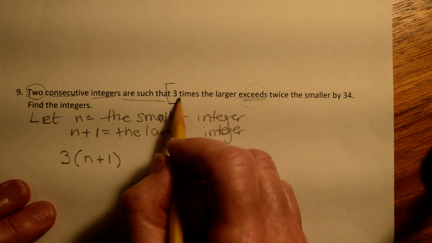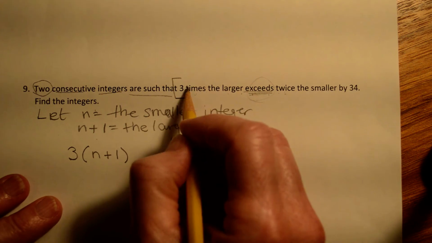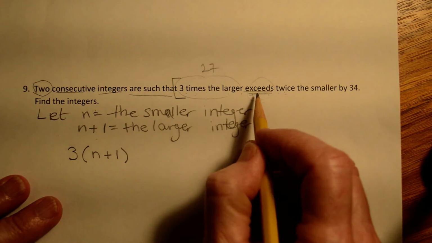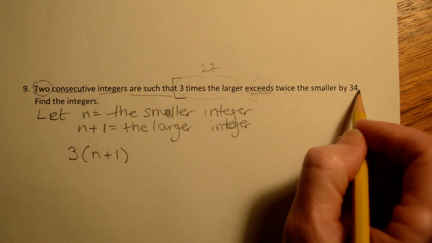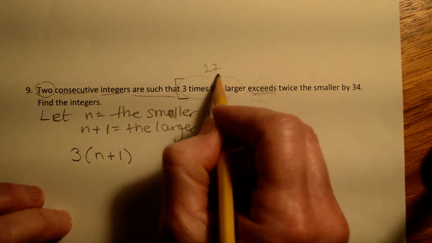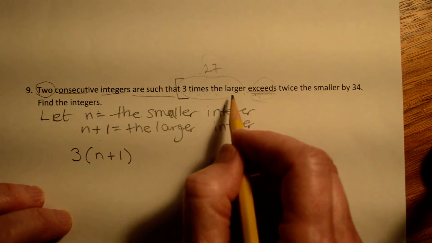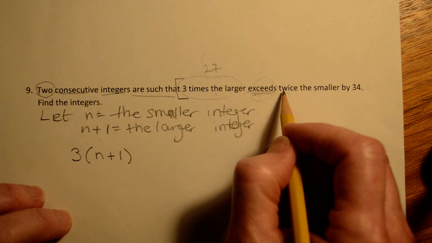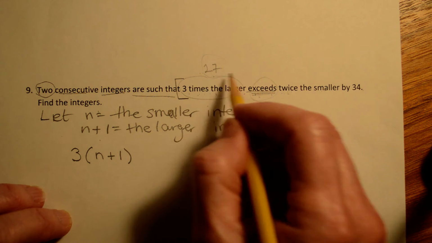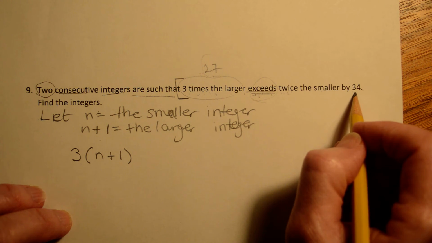All right, so let's just put some numbers in here. Let's say that 3 times the larger was 27 total. Exceeds twice the smaller by 34. So 27 is the bigger of the two. Again, I just randomly picked that. That means that twice the smaller is still smaller than this by 34, okay?